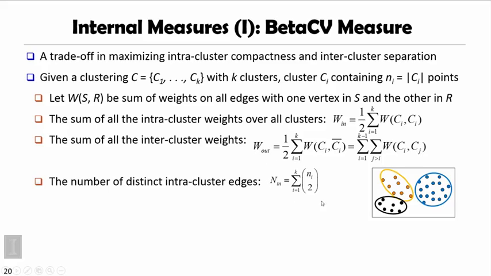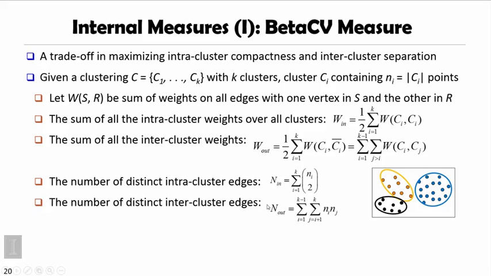Now we also can see the number of distinct intra-cluster edges, because for cluster i, you have n sub i points. Their intra-cluster links, you have n sub i choose 2. That's why you get this formula. Then you sum up over all the clusters 1 to K, that's why you get n sub in.